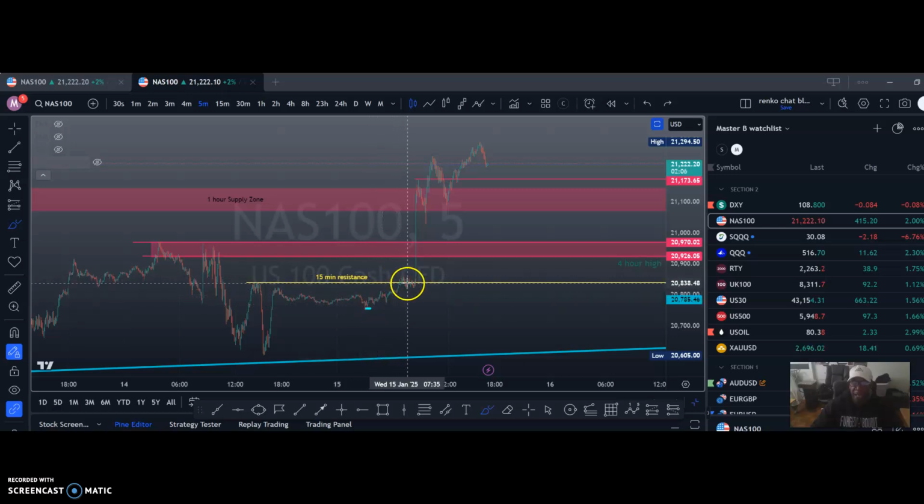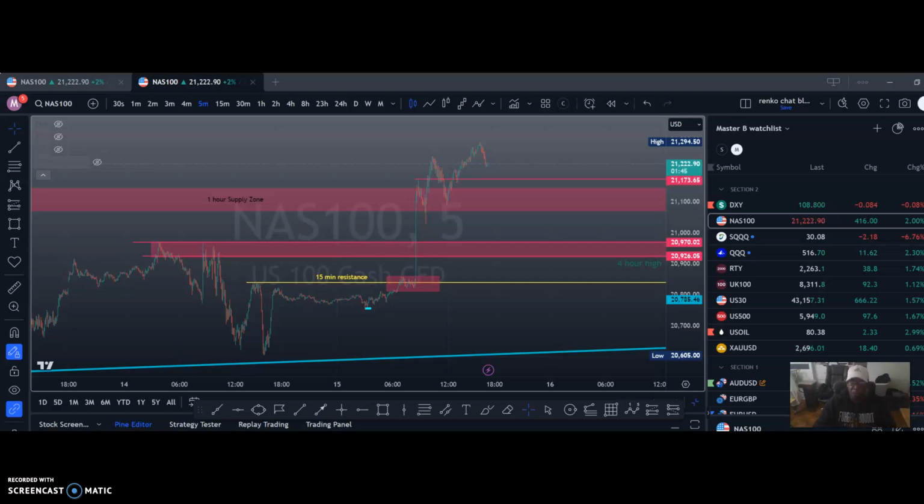She got to this level, started hesitating, started to create a consolidation. Whenever that market starts to go sideways like that, you want to box that area. Now, I have price action tracked on my 5-minute chart.